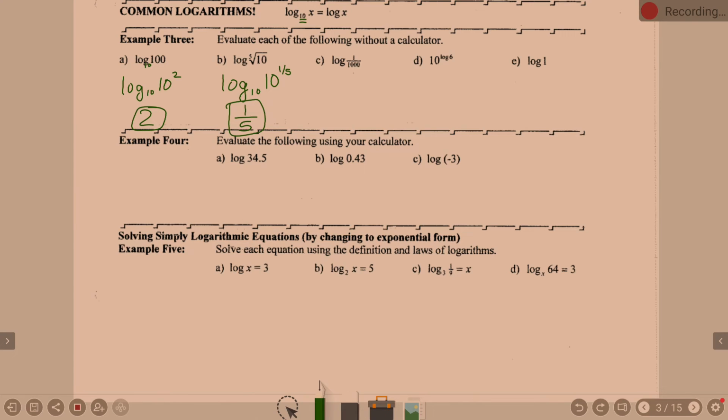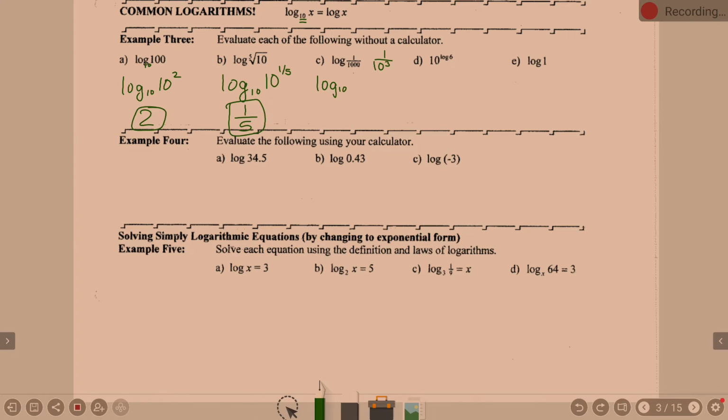What about log of 1/1000? That's an invisible base 10. What do we know about 1,000? It's 10 to the third, 10 times 10 times 10.